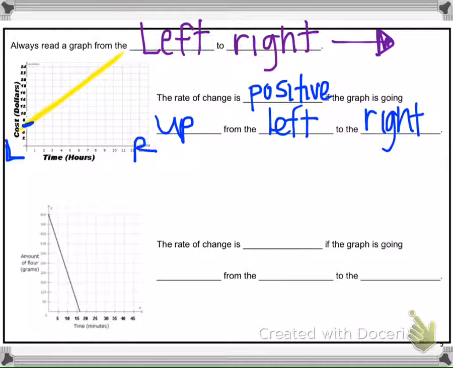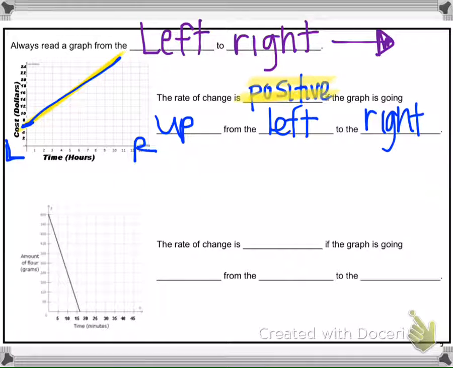So it starts out down here and then it goes up from the left to the right. So the rate of change is positive. That's why we got a positive answer when we did number 9 with the late fees.